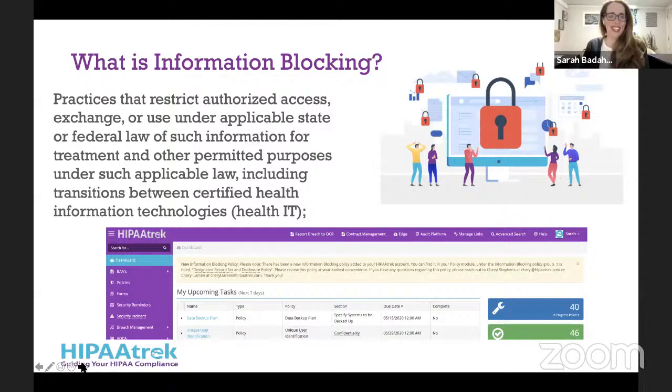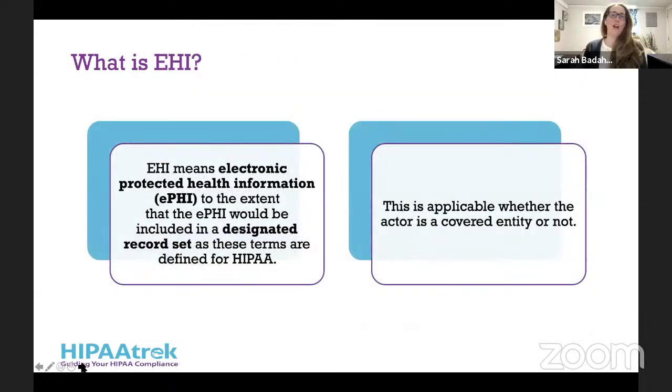Awesome. All right, so the first thing is, what is EHI? We're used to PHI in HIPAA, Electronic Protected Health Information, and then the Cures Act is calling it EHI. And essentially, EHI is any data that's going to be in your designated record set, as well as in the USCDI data points, which we will go over here in just a moment.